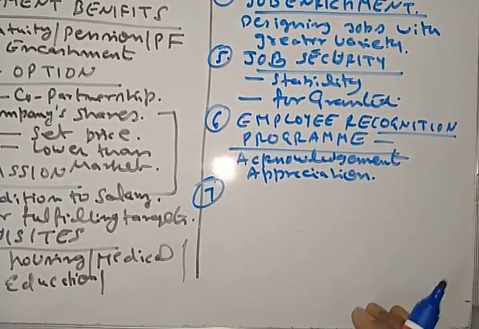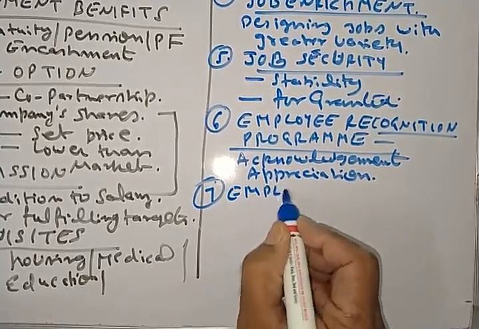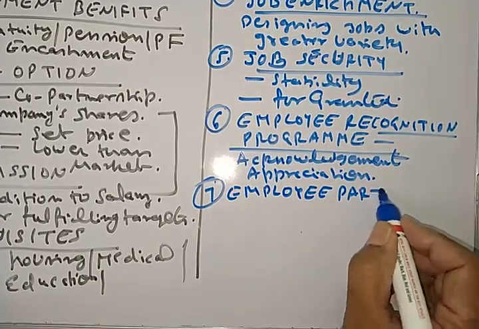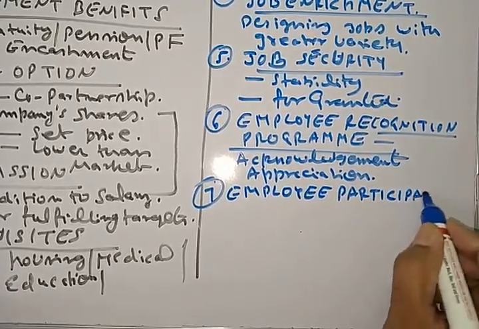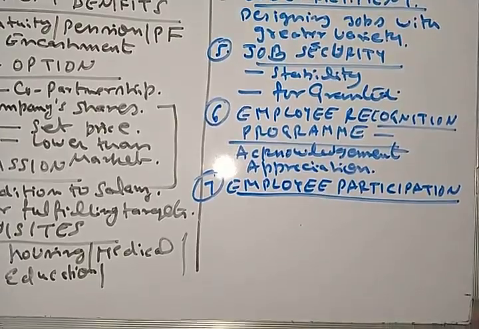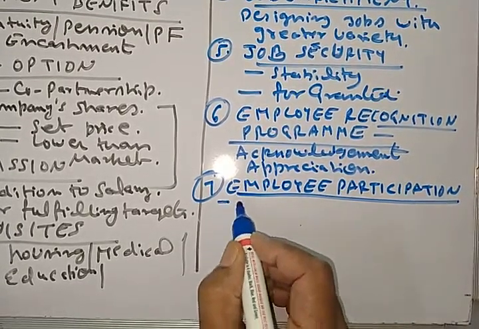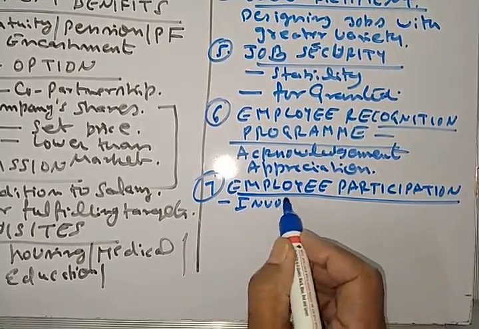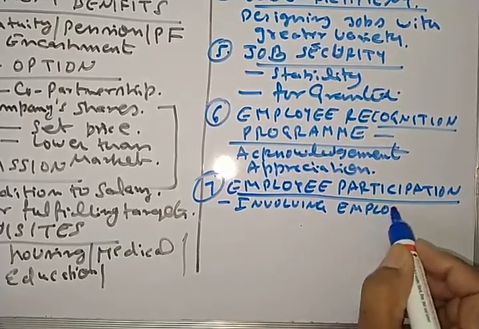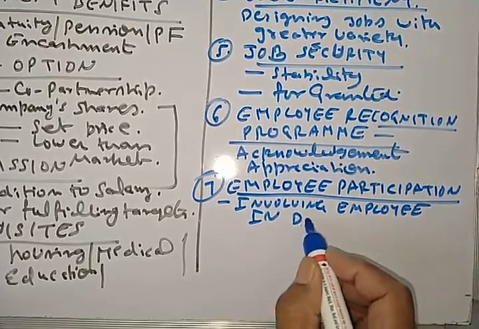Number 7 is employee participation. What do you mean by employee participation? Involving the employee in decision making.